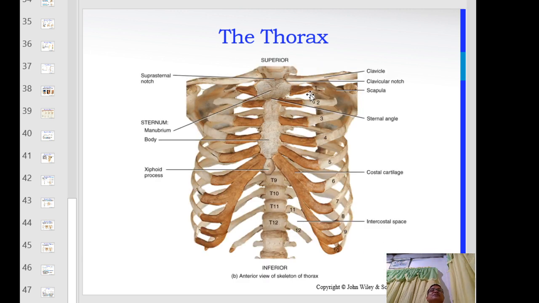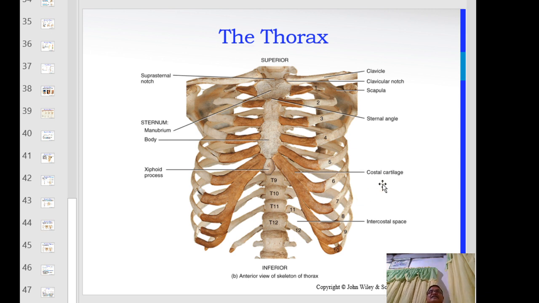So here 1, 2, 3, 4, 5, 6, 7, 8. So this 8 is your true ribs. 9 and 10, that is your false ribs. Then you have your floating here, the 11 and 12.